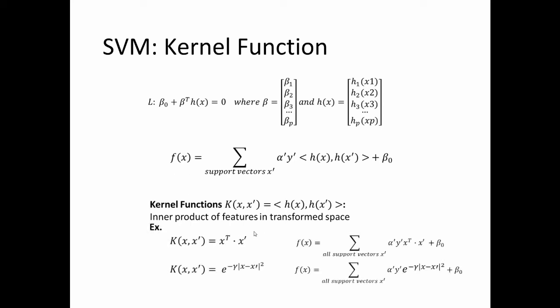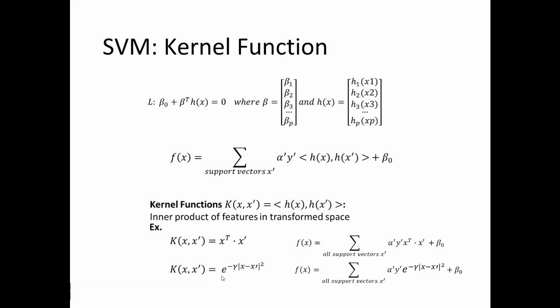So here are some common examples of the kernel function. For example, if the kernel function of a point x and the support vector is just x transpose times the support vector itself, there's no h(x) at all. Nothing has been applied on them. So we just get the original decision boundary without any kernel function, right? But of course, we can also specify this kernel function in a more complicated way.